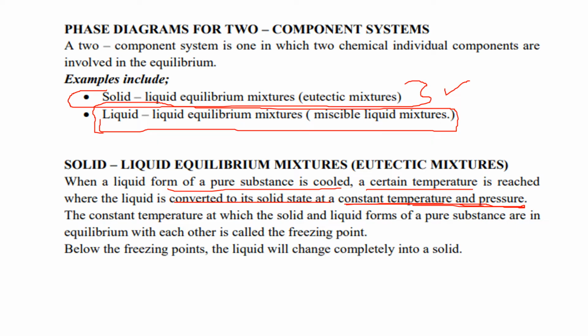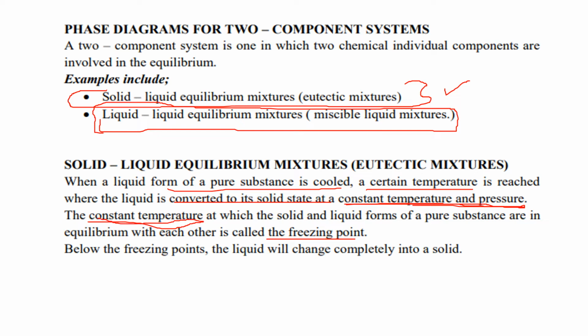So we are saying that the constant temperature at which the solid and liquid forms of a pure substance are in equilibrium with each other is called the freezing point. So how can you define the freezing point? Whenever you are defining a point, whether boiling point, freezing point or melting point, your definition must always contain constant temperature, because it's a constant temperature at which those points are obtained.